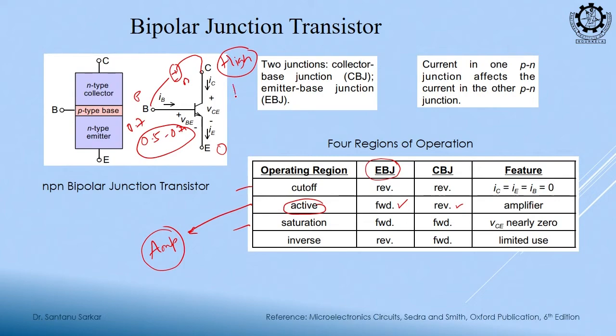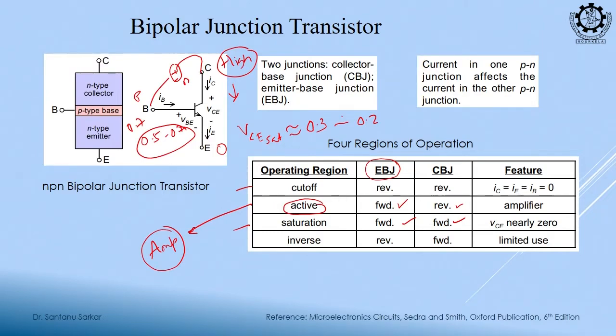So, when this potential goes down, after which potential will we say that it is entering saturation? If Vc is falling and falls below 0.3 volt, then we will say that it is entering saturation, where both are forward biased.